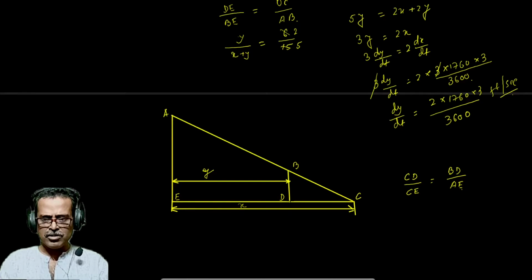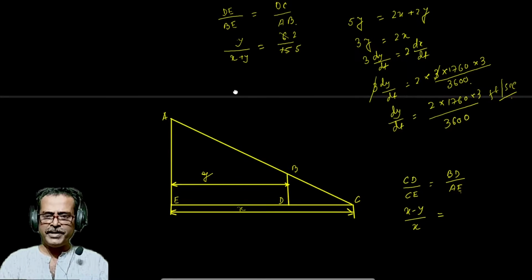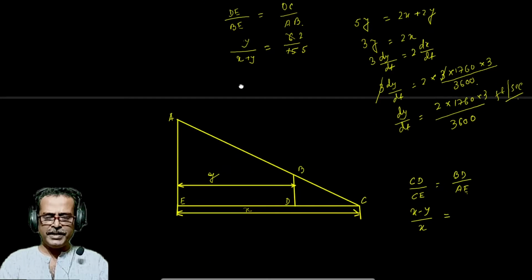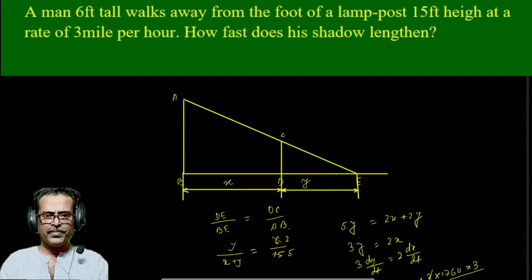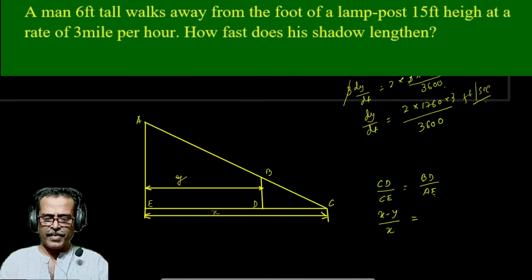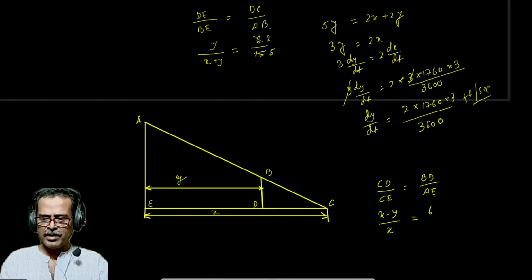CD is equal to x minus y, and CE is equal to x. BD is 6 feet probably, 6 feet and 15.